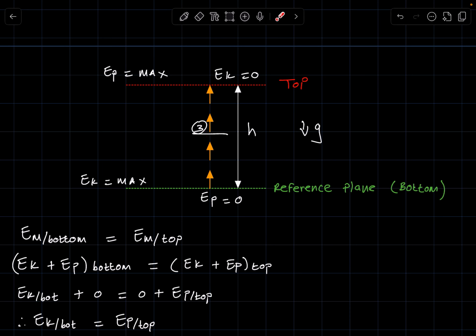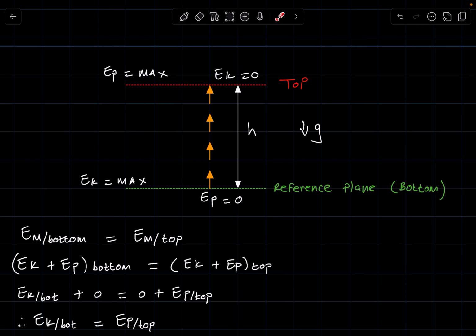Similarly, the mechanical energy at point 3 will be equal to the mechanical energy at the top. So that is what we mean by the mechanical energy between any 2 points in the object's motion along the vertical plane is equal.